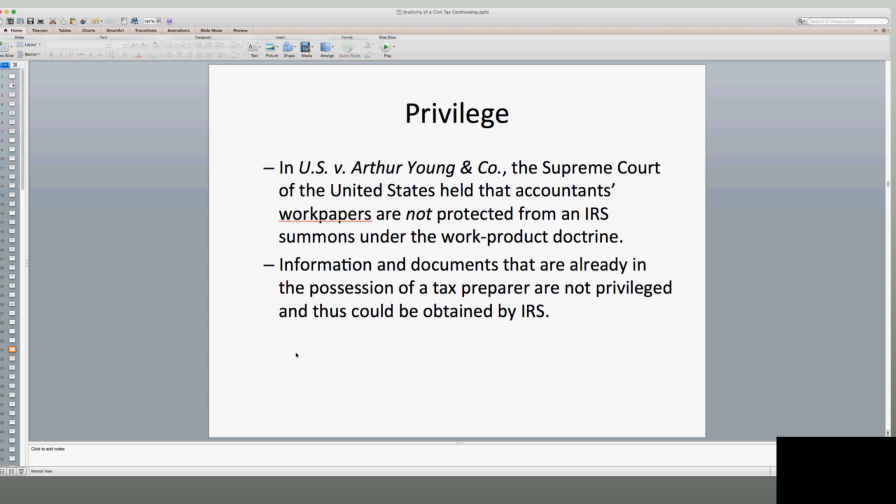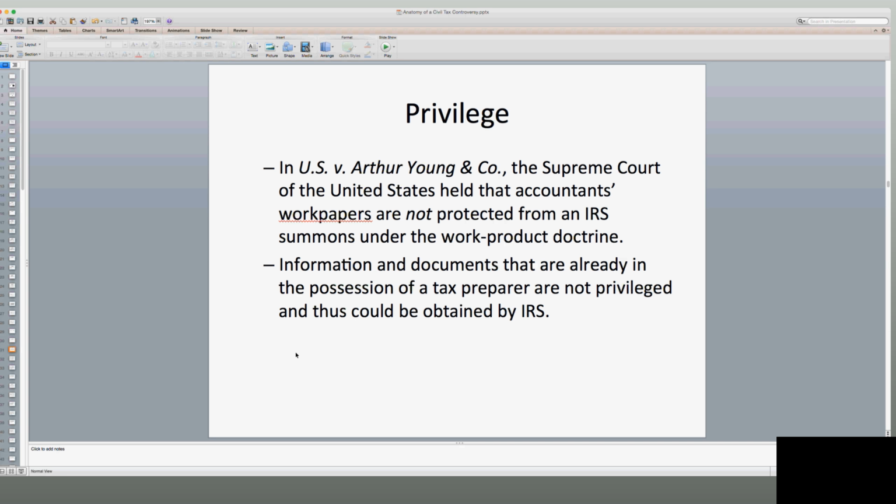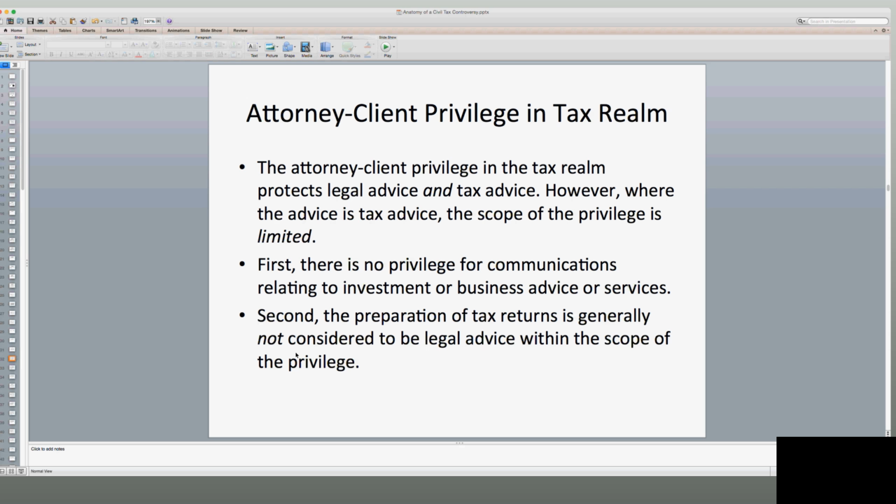It exists because there was a lobby that petitioned very hard, and Congress did pass it under 7525(a)(1). I must admit I haven't been to that section in a while, and I'm sure that it will shed some light on what work product is covered under the privilege. But I can tell you that as a hard and fast rule, work papers are not protected.